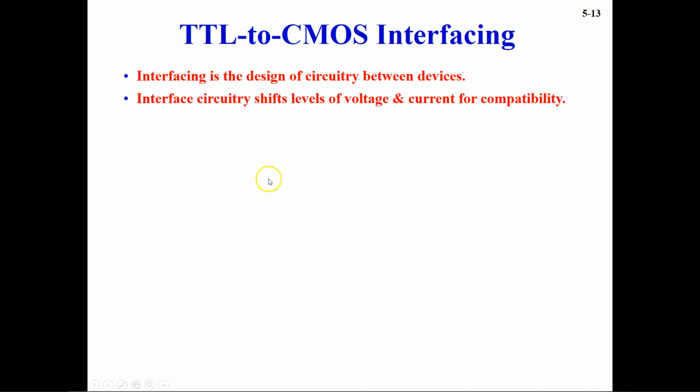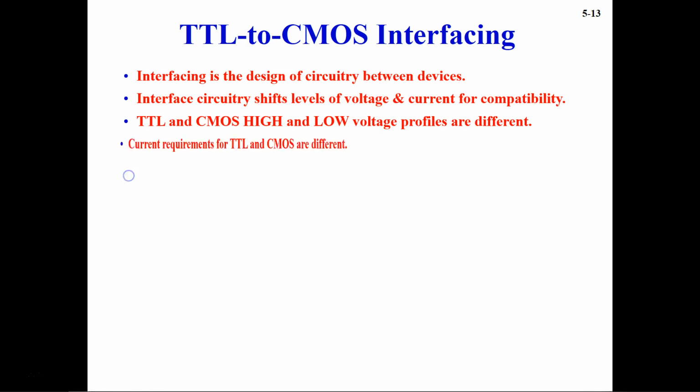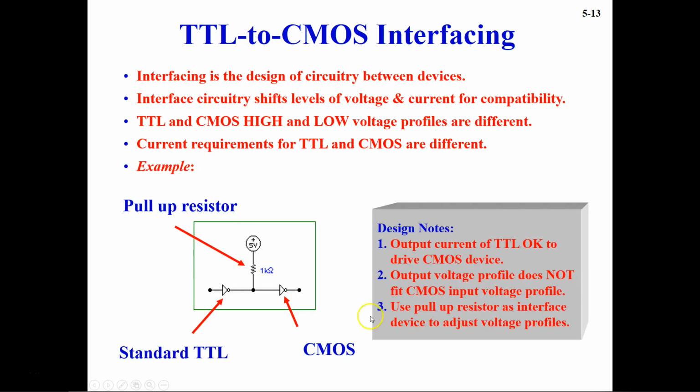We already saw that TTL and CMOS high and low voltage profiles are different, and current requirements for TTL and CMOS are different. The same example has been taken here: this is your TTL, this is your CMOS, and a 1 kilo ohm pull-up resistor has been taken and tied to the supply.